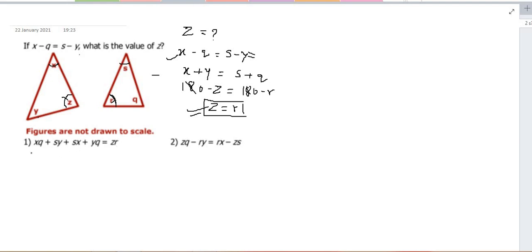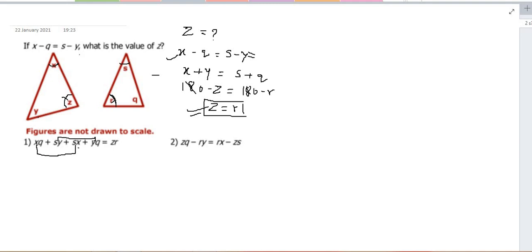So let's go to statement 1 and evaluate it alone. It says that x into q plus s into y plus s into x plus y into q is equal to z into r. Again, wouldn't it be a good idea to take the term with angle x together and the term with angle y together?